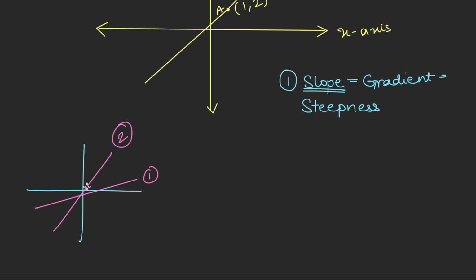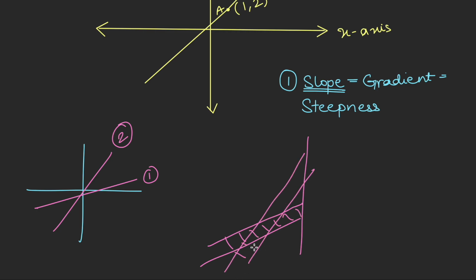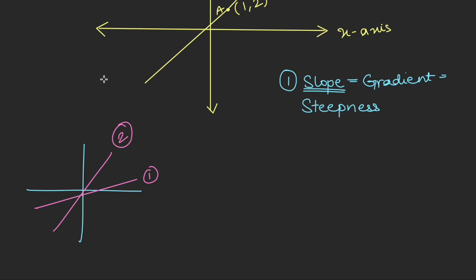Now when we think of steep, we think which line is inclined more. So if I had a wall and a few ladders, a ladder set like this as compared to a ladder set like this, one is obviously steeper, isn't it?